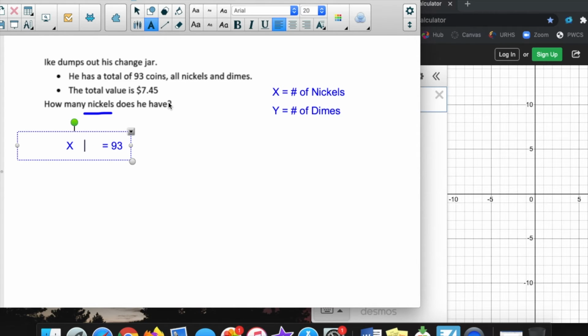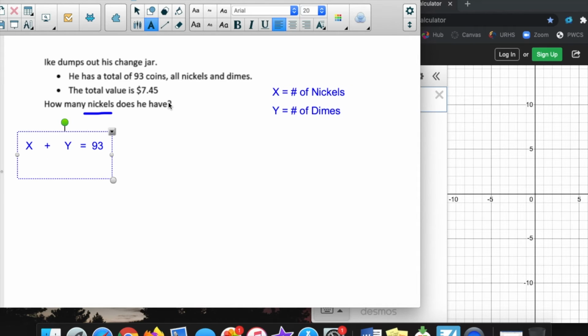Because if x is the number of nickels, it could be 40 or 50. We don't know exactly how many nickels he has, but we know he has some amount of nickels and some amount of dimes, and those amounts add to give you that 93 total. Okay, so that is the first equation, just x plus y equals 93.